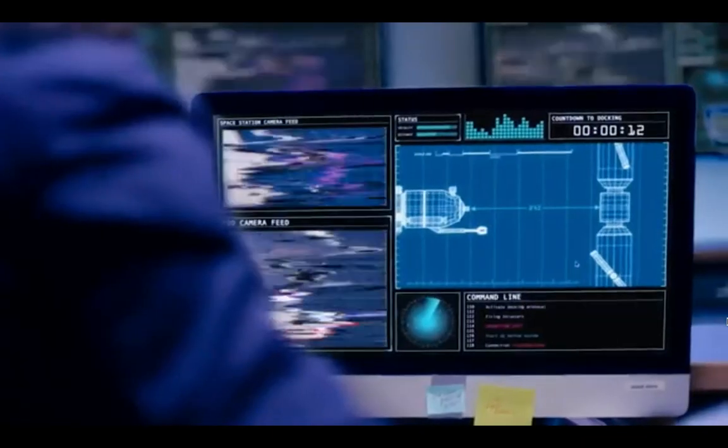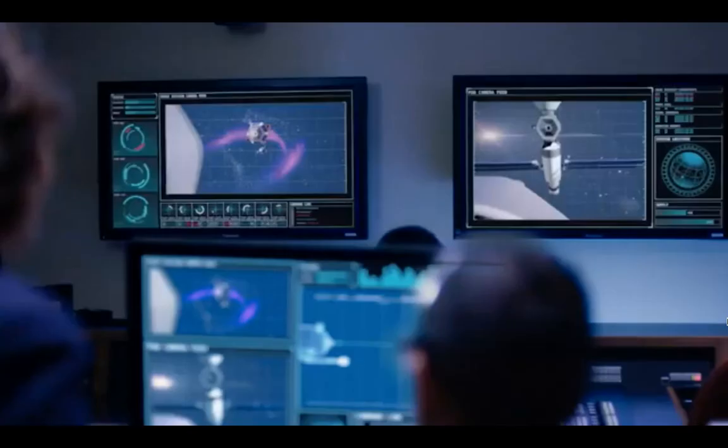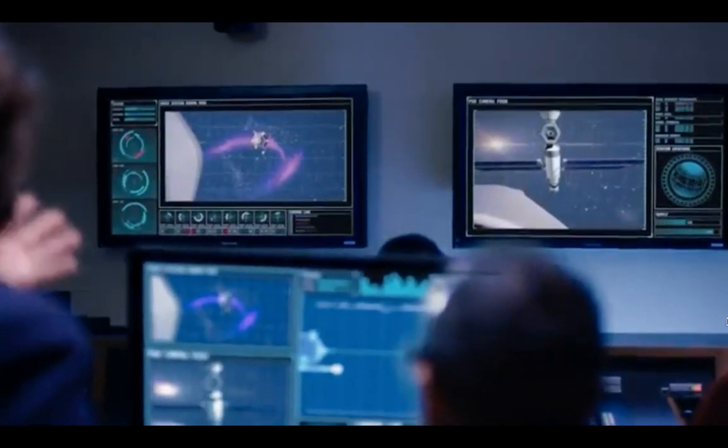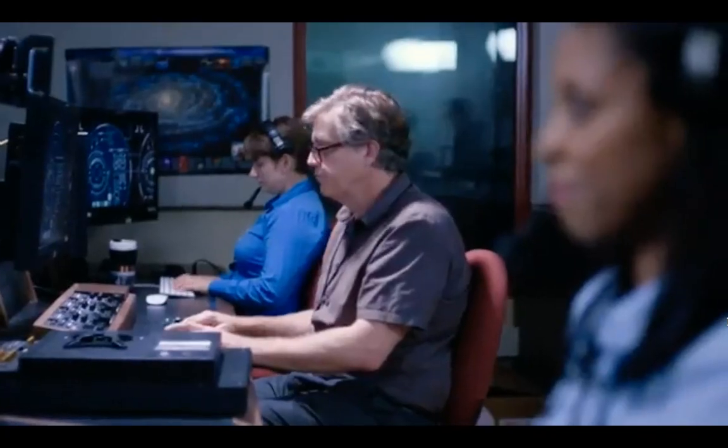Backup system online. Still no contact. Oh, we're back on. Okay, what's the status? Something's not right. It should have docked at the station by now. Yeah, I can see it. It's going the wrong way. It's going away from the space station. Something must have happened during those seconds when we lost contact. Okay, Greg, I'm going to need you to run a full diagnostic on the space station and the pod. Everyone else, I need you to reconstruct what happened in those missing seconds. I'm talking to the director.